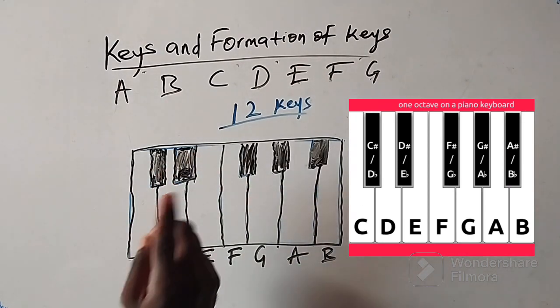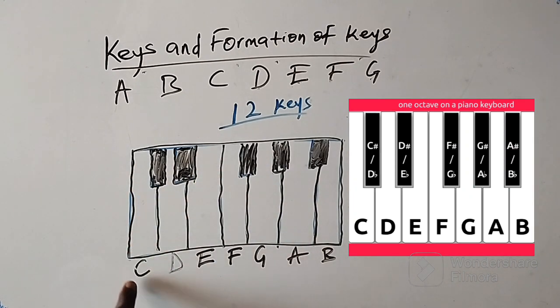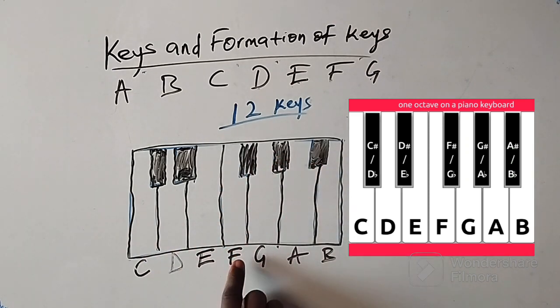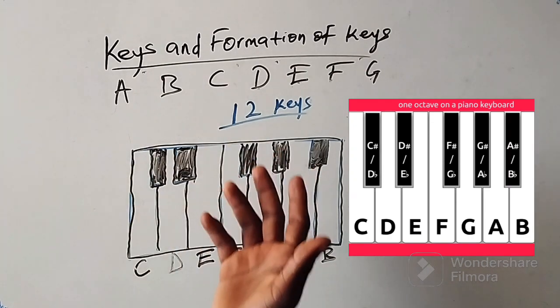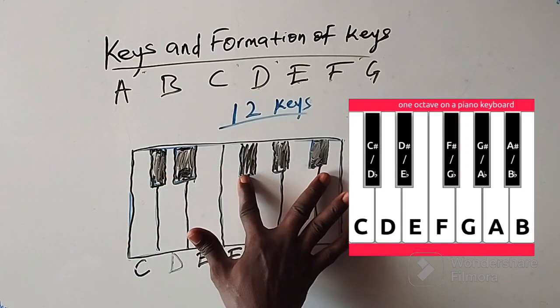So if you want to check it, this black 2, the white key that starts it is C, and these 3, the white note that starts them is what? F. So like a blind man can also play a keyboard with these black 2s and black 3s.